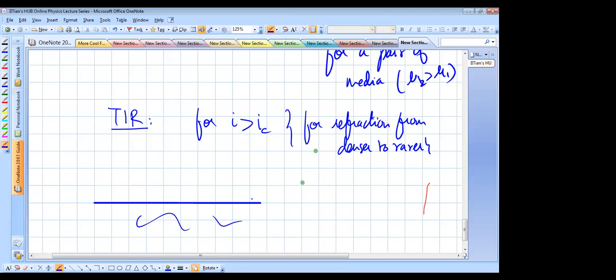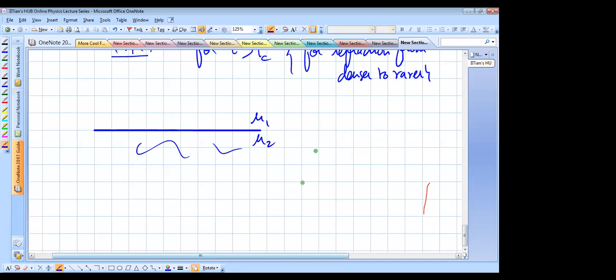This is my mu 2, this is my mu 1. But now at the point of incidence, if my angle of incidence is so large that it's more than the critical angle, which is given by that formula, sine inverse 1 by mu of 2 with respect to 1.